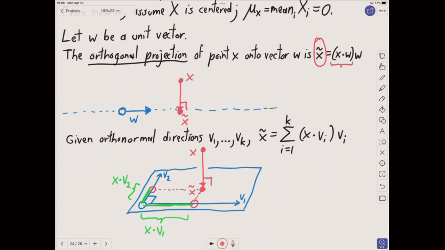And sometimes we don't actually want the projected point. Sometimes we do. It depends on your application. You may want the projected point in the full d-dimensional space, but very often all we want is these coordinates here. Very often all we want is the coordinates in the low-dimensional subspace. That way we have a lot less coordinates to deal with.